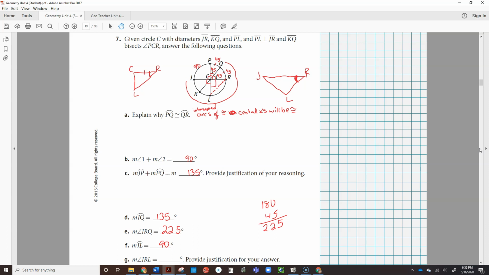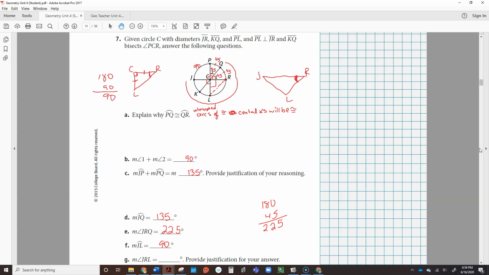And what do you know about this leg and this leg? Those are each a radius, so that means they're the same size. We know that this angle right here is 90. So if that angle is 90, what do these two have to be? You take 180, take the 90 away, and you get 90.